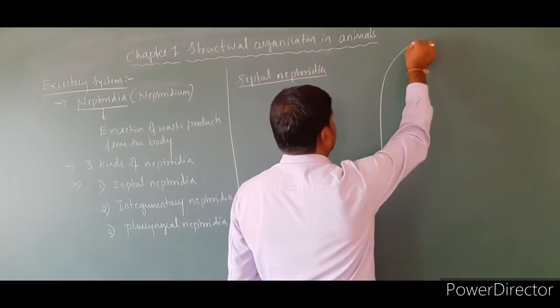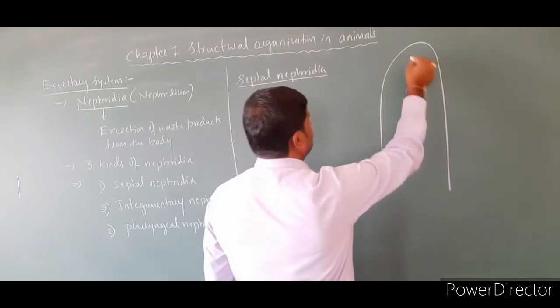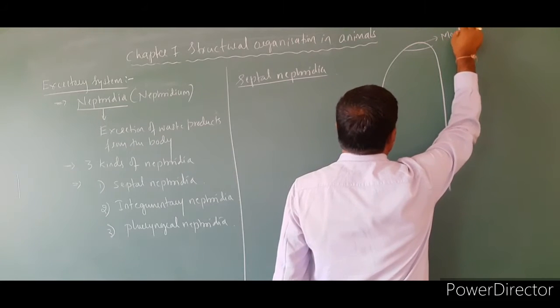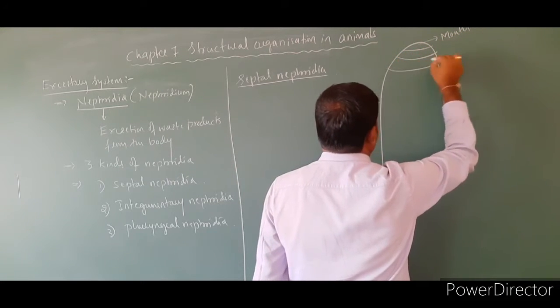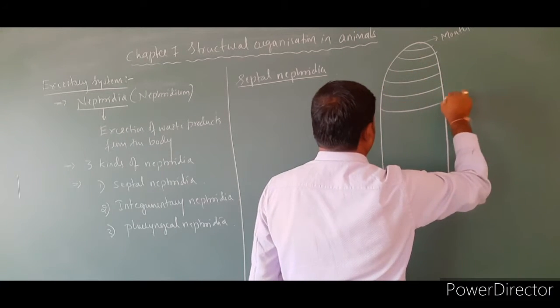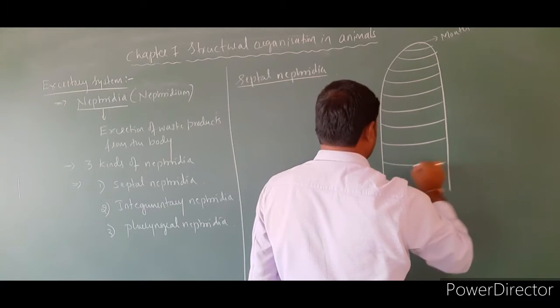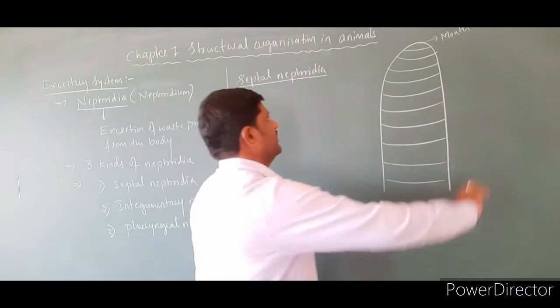This is the body of the earthworm. In the first segment, you will come across the mouth, followed by the buccal cavity, pharynx, esophagus, gizzard, stomach, all the different parts of the digestive tract that we come across here.